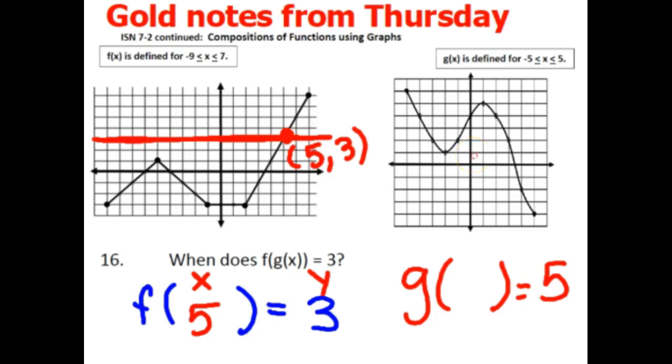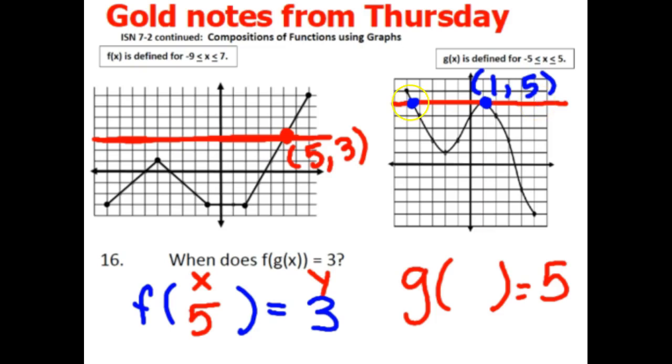On this function called g, 1, 2, 3, 4, 5, I put a line across here at 5. Do you notice I have 2 points this time where it crosses the graph? It crosses the graph right here and right here. And so this is 1 and 5.